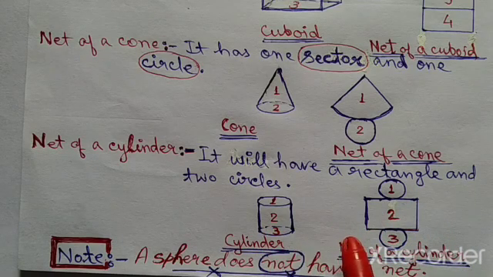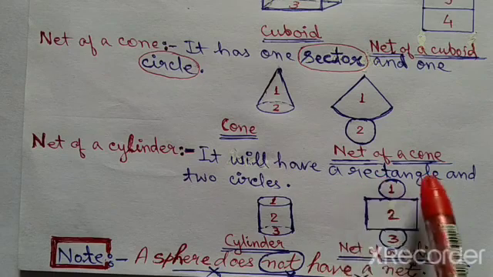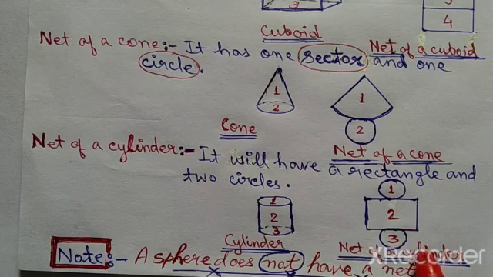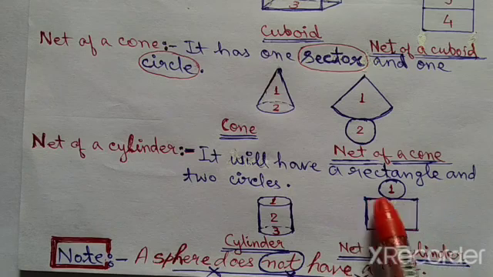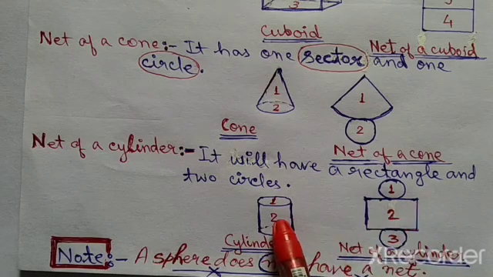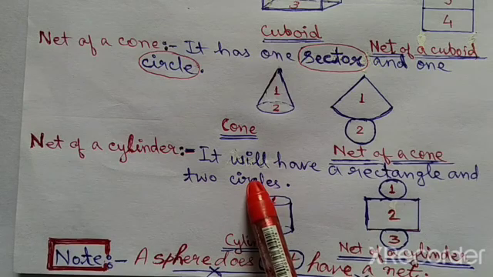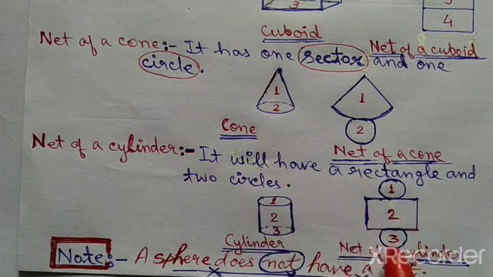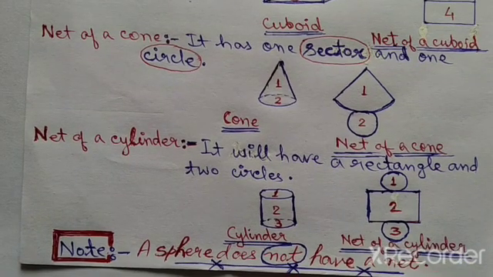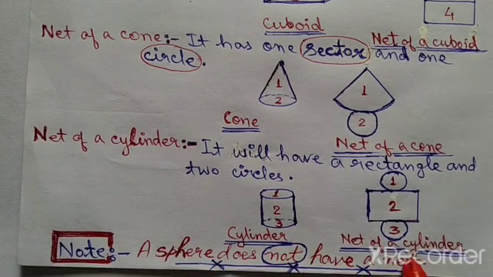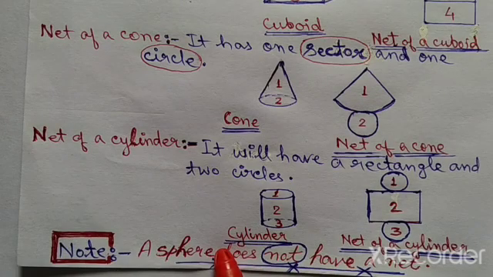Now when you open, it will look like this, and this is called net of a cylinder. In this case, one rectangle is shown here, marked with 2, and the upper and the lower faces are in the shape of circle. So children, 2 circles and one rectangle in the net of a cylinder. And children, note, a sphere does not have a net. Remember children, a sphere does not have a net.